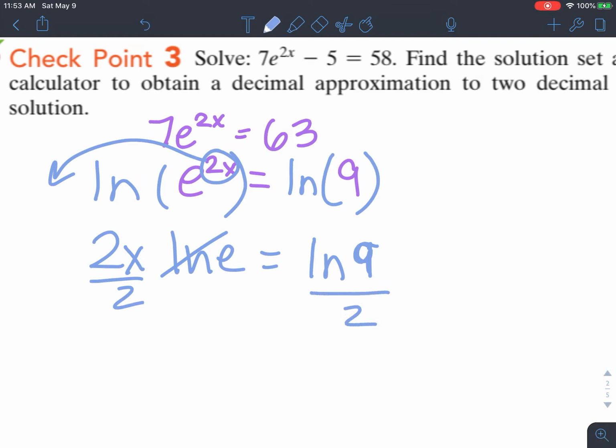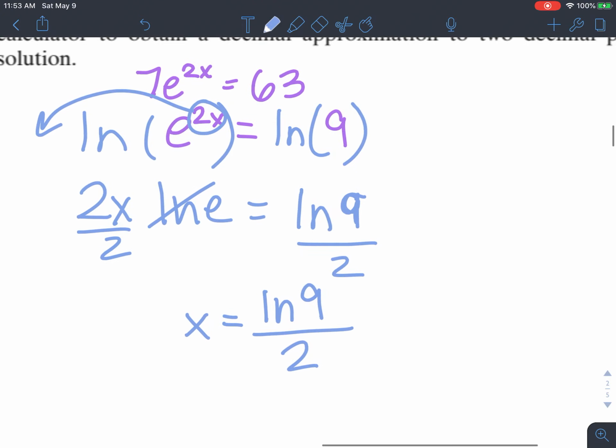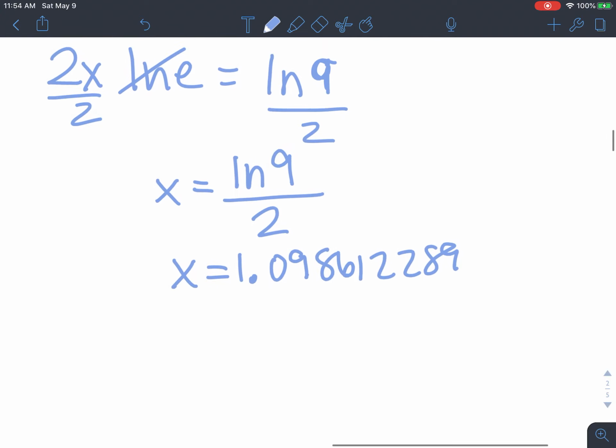And divide by 2. So x equals ln of 9 divided by 2. And as a decimal, that's 1 point... Well, they want it to the second decimal place, so this is what my calculator says. This is the second decimal place. So the 8 is going to turn the 9 into a 10.